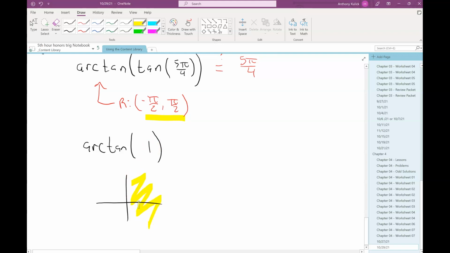I'm just going to look in those quadrants for the place where tangent is 1, where y over x gives us 1. I know tangent is positive only in the first quadrant. And the place where y over x is 1, where the x and y coordinates are both the same, that would be pi over 4.